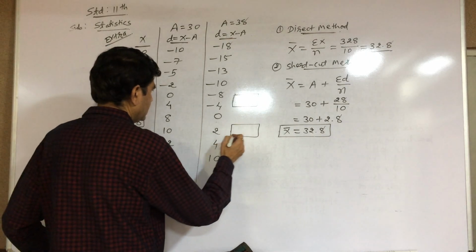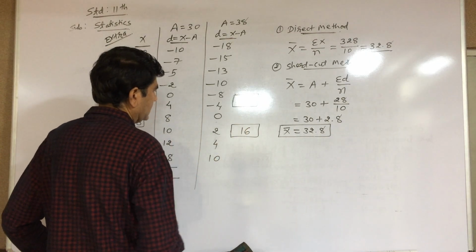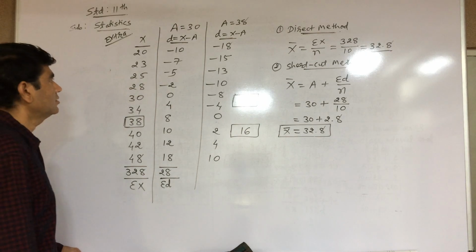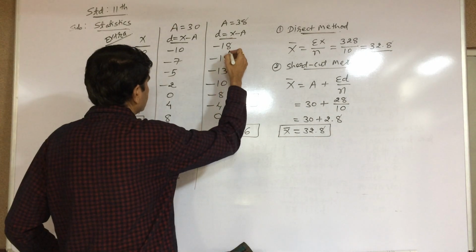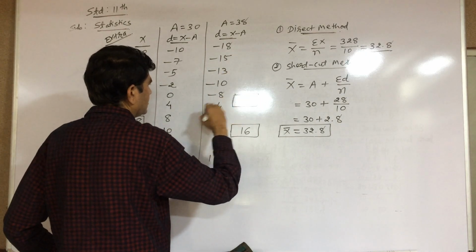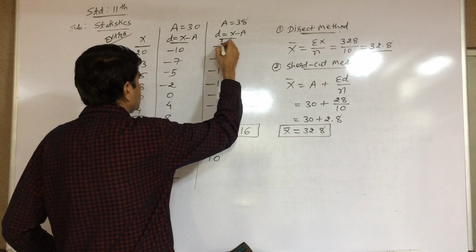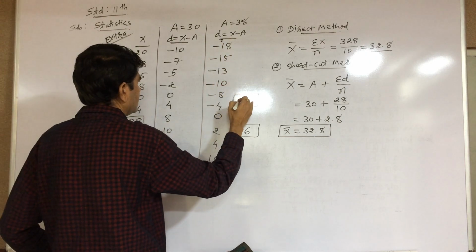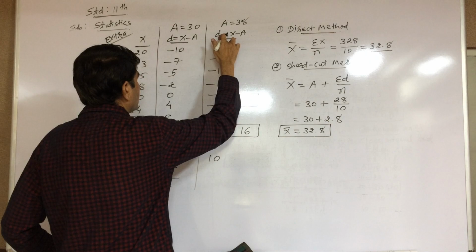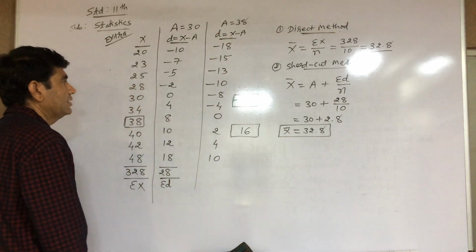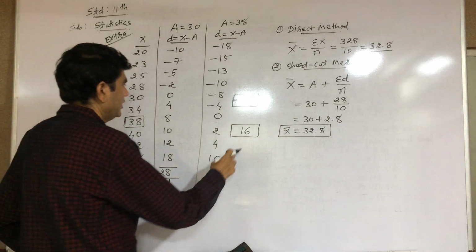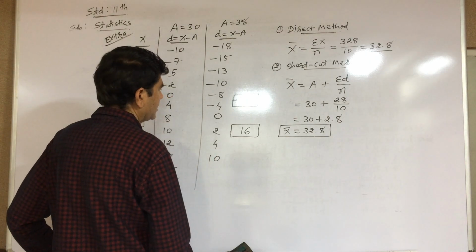Positive calculation is 16 and negative calculation. So total of negative values minus 70 and total of plus value 16.